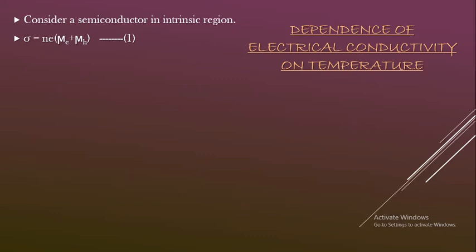But in this equation we do not have any temperature term that can directly link electrical conductivity with temperature. That's why we need to use other equations where we can link conductivity with temperature.